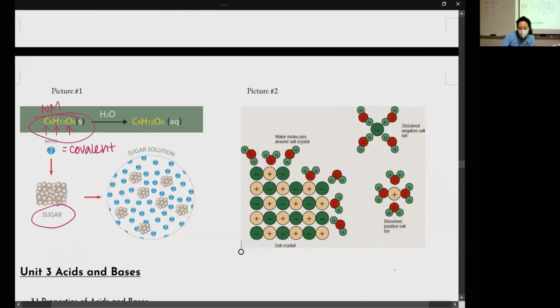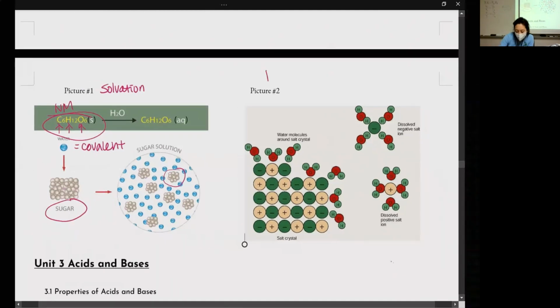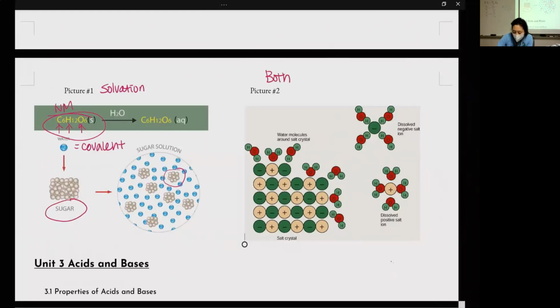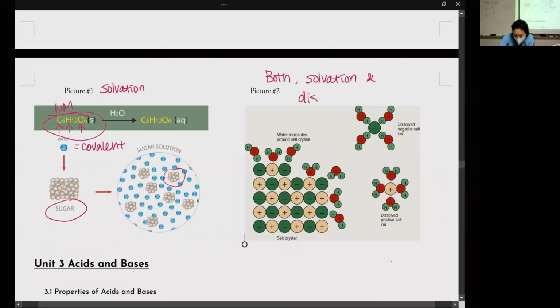Therefore, picture number one is only showing you the solvation. As you can see, it doesn't have positive or negative signs, so it will be showing you the solvation only. Picture two is showing you both, because you see that the positive and negative are being dissociated right there. So it'll be both the solvation and dissociation.